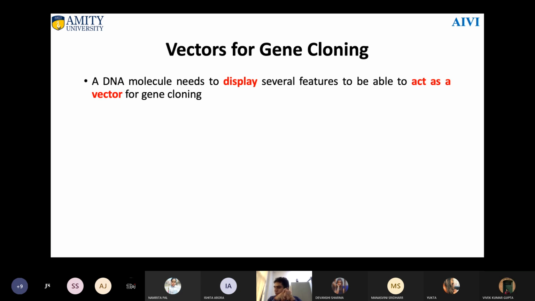In the first lecture itself, we described two ways of making this copy: one way is cloning, and the second way is PCR. In PCR and cloning, the way of copying is different, but the end result is the copying.